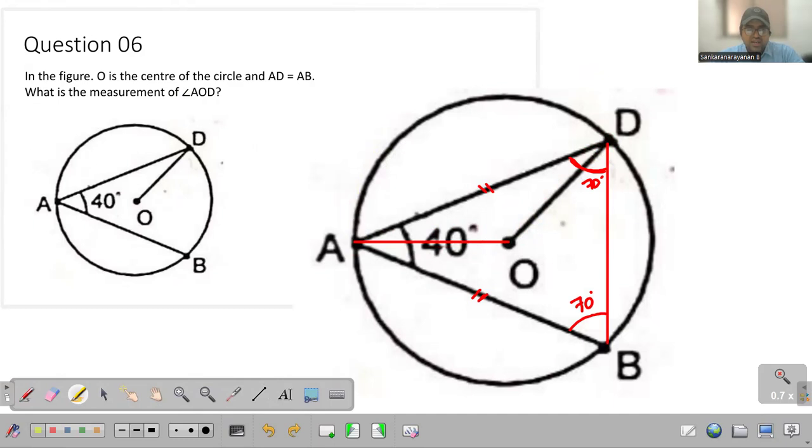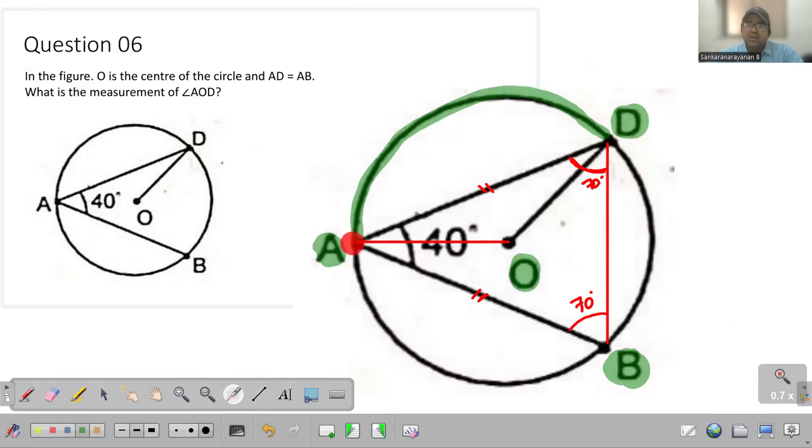I use a different color. Just focus on this curve AD, like what you see here. A is along the circumference, D is along the circumference, B is also lying along the circumference. Got it? And you can see that O is the center of the circle.